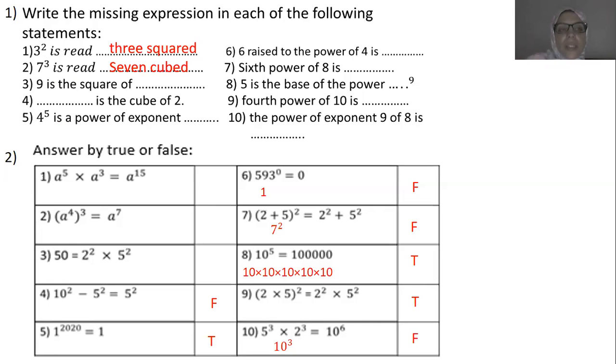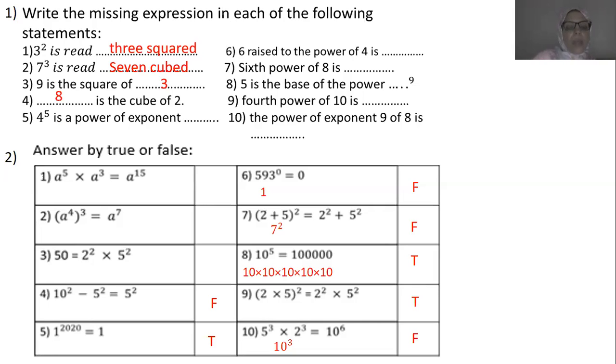Of course, it is 3, because 3 squared is 3 times 3 and the answer is 9. Now, number 4, what is the cube of 2? 2 cubed is equal to 2 times 2 times 2, and the answer, of course, is 8.